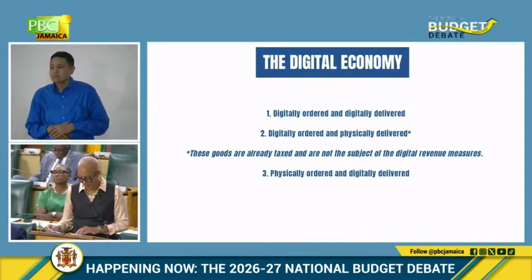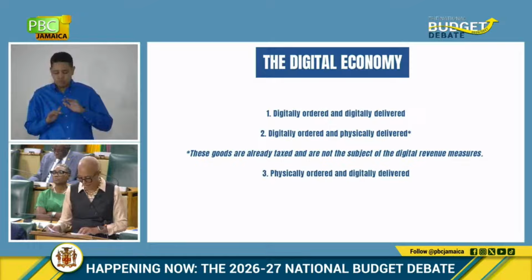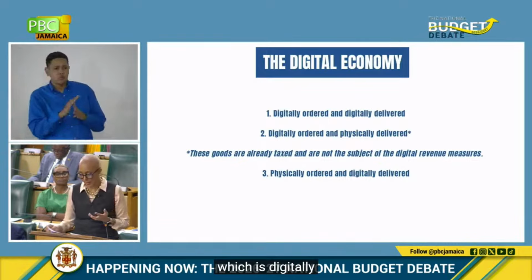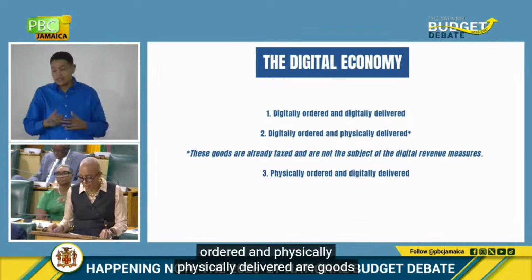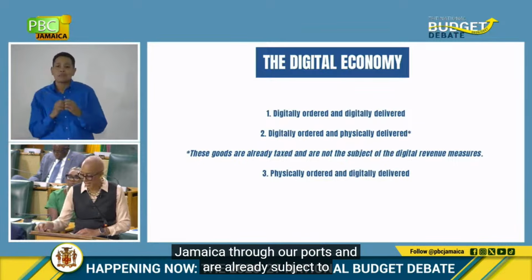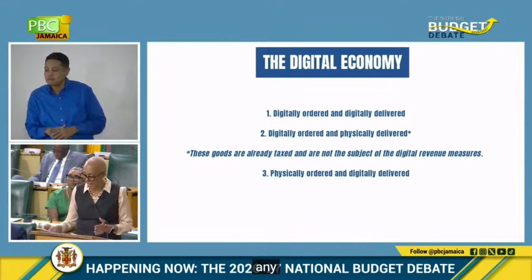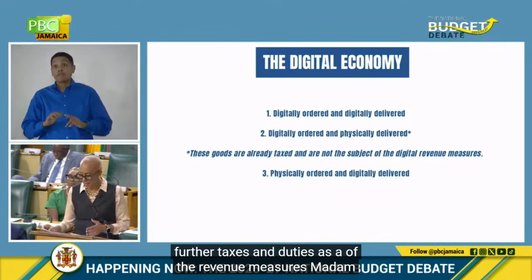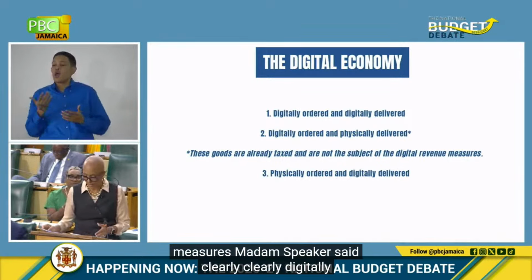Madam Speaker, definition number two, which is digitally ordered and physically delivered, are goods that we know come into Jamaica through our ports and are already subject to taxes and duties. Obviously, these will not be the subject of any further taxes and duties. Madam Speaker, let me say it clearly. Digitally ordered and physically delivered trade was not included in our revenue measures.